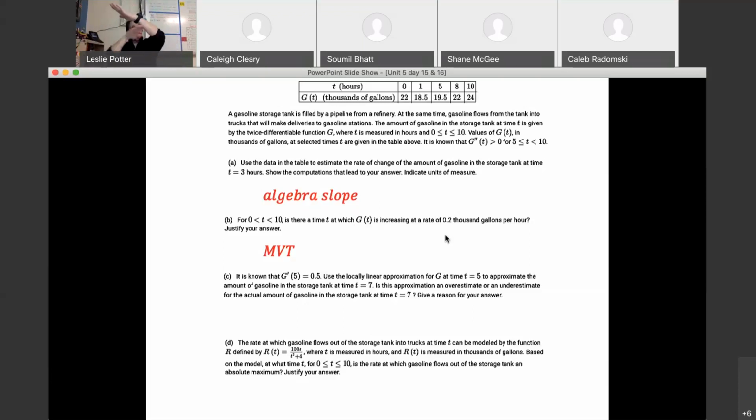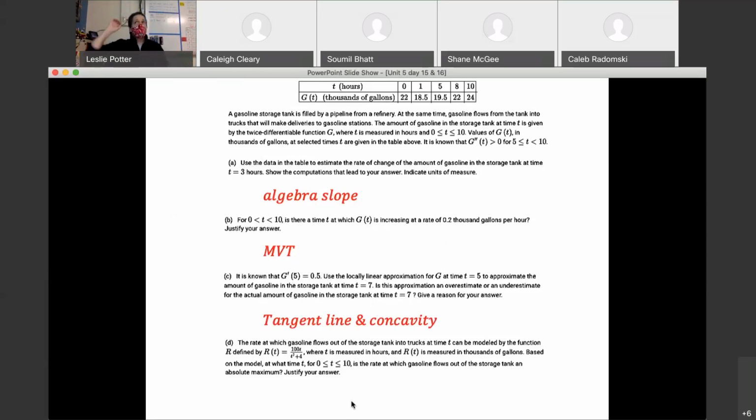If it's below, then your approximation is bigger, an overestimate. If the function's above, then your approximation is smaller, an underapproximation. So that is your tangent line and concavity. And it tells you a little bit about the concavity here, I believe.